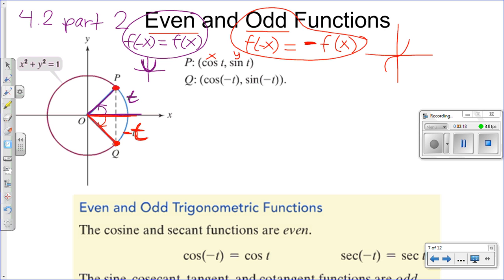So if we look at that point and this point, P and Q, you could see that what changed here is we're talking about a negative angle, which is this angle here, the one that I traced in red. So the coordinates here are cosine of negative t and sine of negative t. Instead of x, y, we said cosine of negative t, sine of negative t. For point P, we have cosine of angle t, comma, sine of angle t.